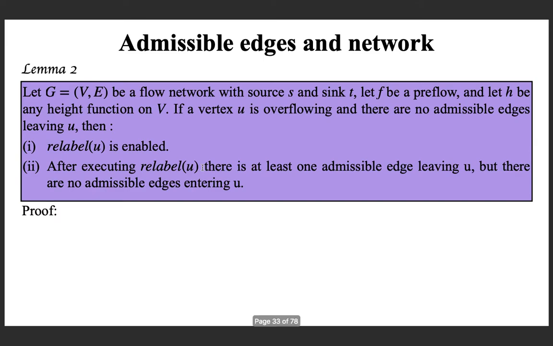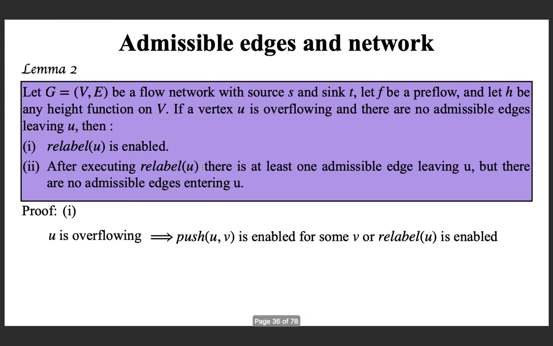We have to prove it, and the proof of condition 1 is simple because we know it from lemma 3 of the previous lecture, where we proved that if U is an overflowing vertex, then push UV is enabled or relabel U is enabled. That is guaranteed. Either the push is enabled on U or relabel is enabled.